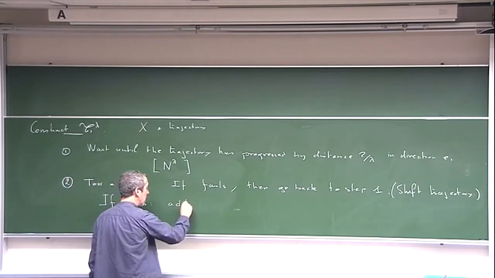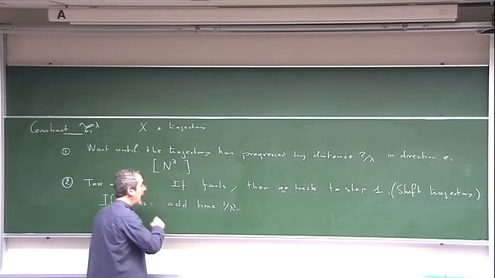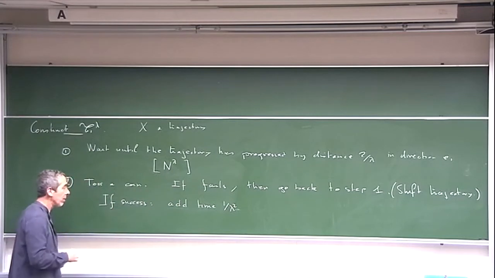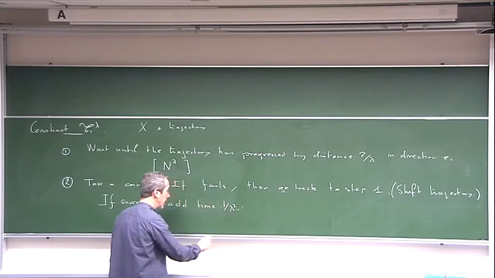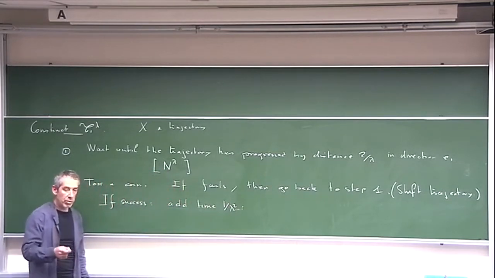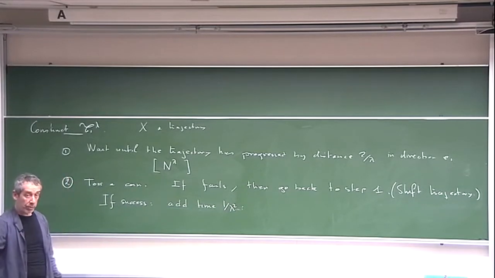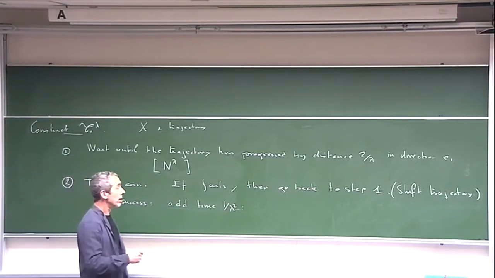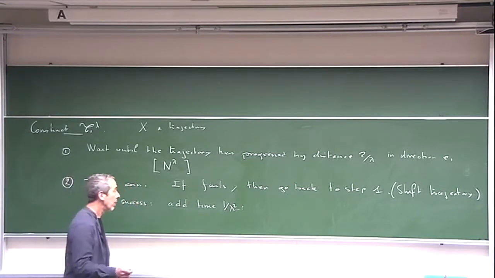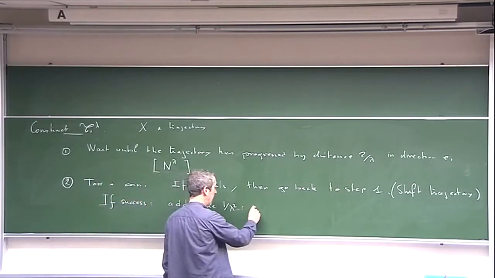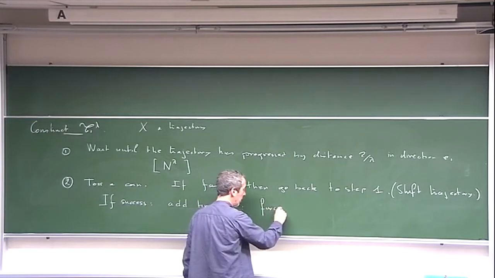So you add time 1 over lambda squared, and so you make a shift in time of value 1 over lambda squared, and during that time you force the diffusion to make what I will call a deterministic jump of size 1 over lambda in the direction E1.